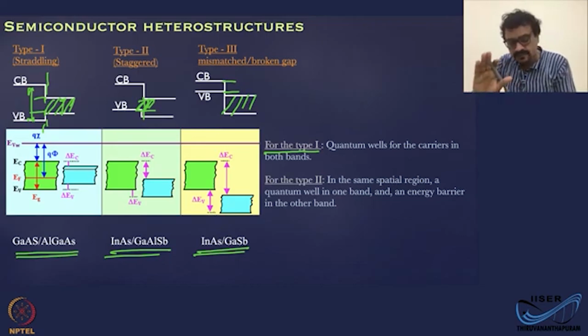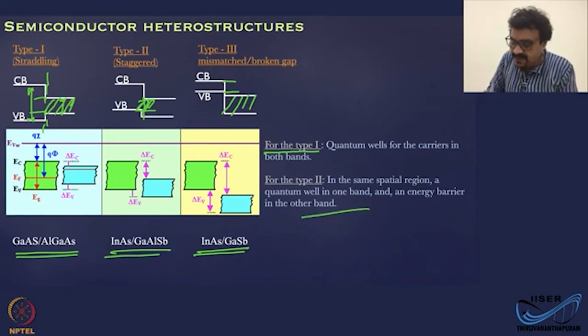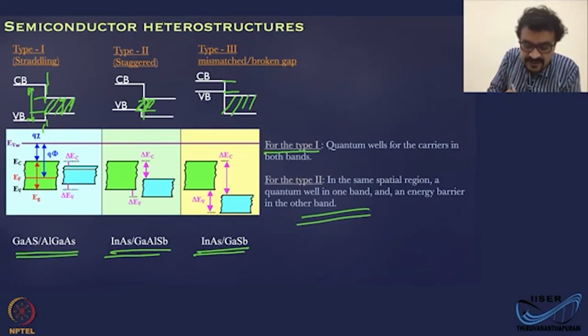Just to understand these statements, all you need to look at is these edges here. In this case, the well is going to form here because this is the lower energy for the electrons in this conduction band, and here you have holes in the valence band. A well is going to form here.